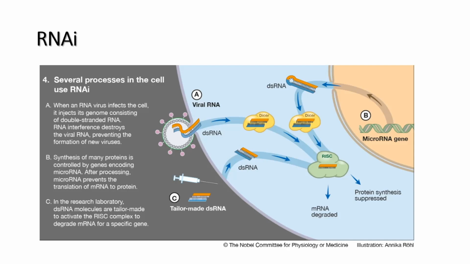Presumably this RNAi mechanism evolved as a defense against viruses and or retrotransposons. But the mechanism has also been co-opted and has important functions in the development of the organism as well.